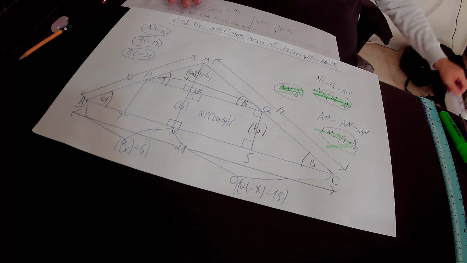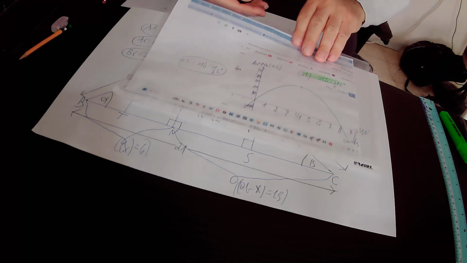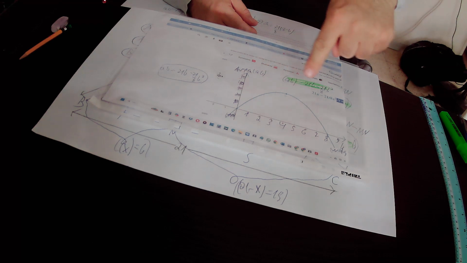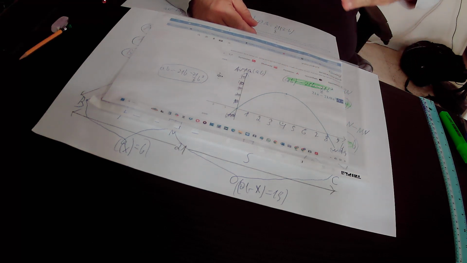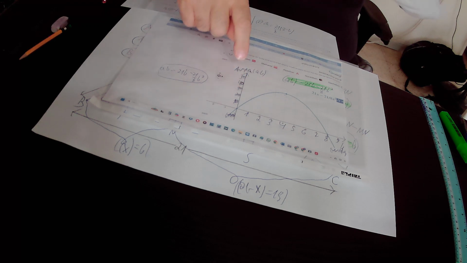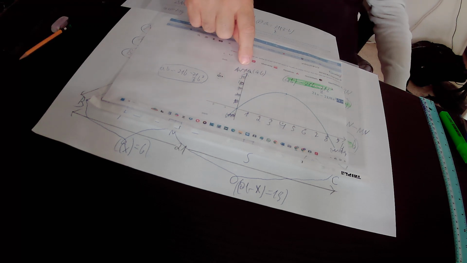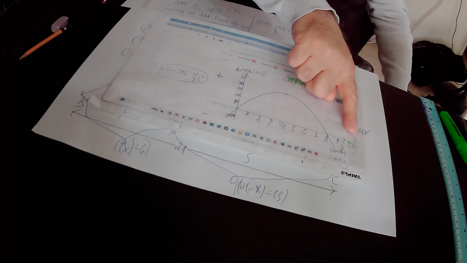So I drew the graph of the function area. This is the graph of the function area of the rectangle PQST. In the y-axis we have the area. In the x-axis we have the width b.